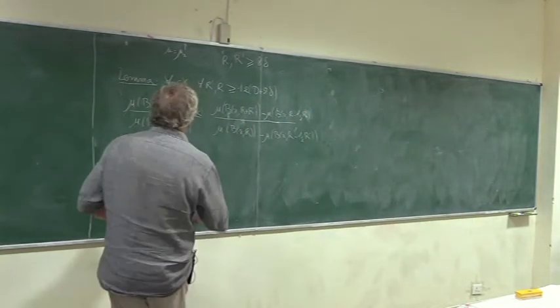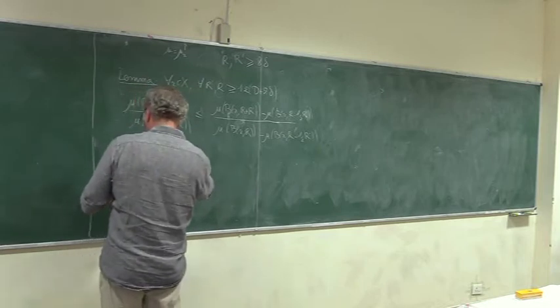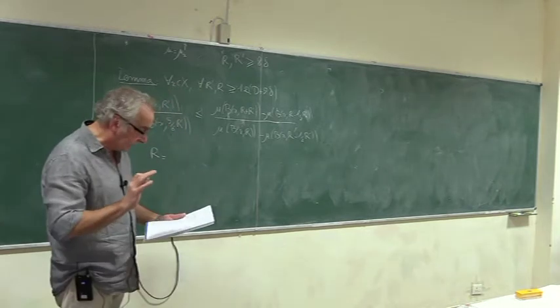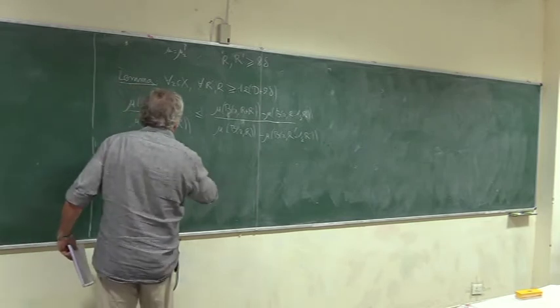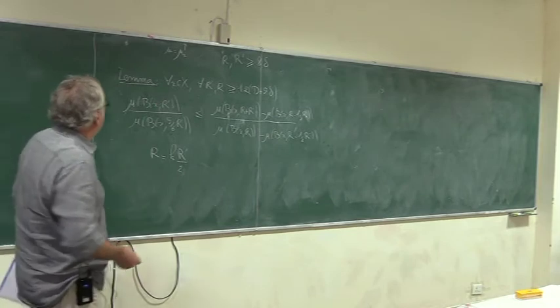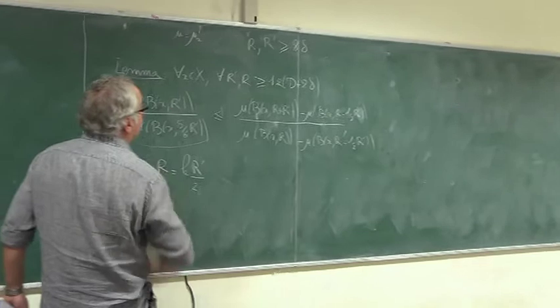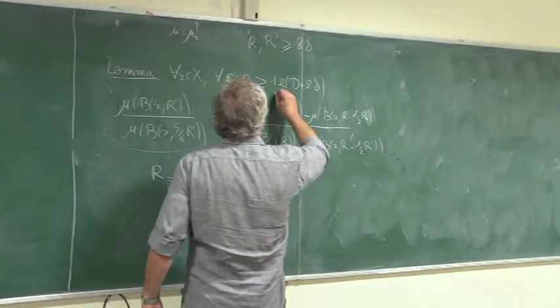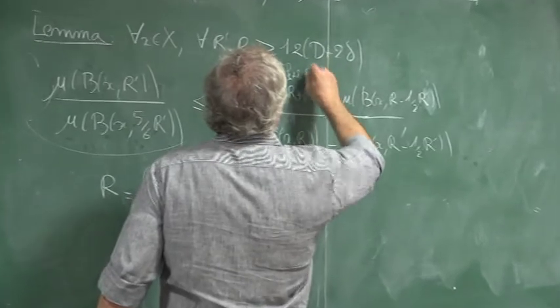We keep R prime and we replace R by K R prime over 2. You see, I want to construct a sequence. So this quantity is fixed. R prime is fixed, it does not depend on K. So here we'll have K plus 2 R prime over 2.